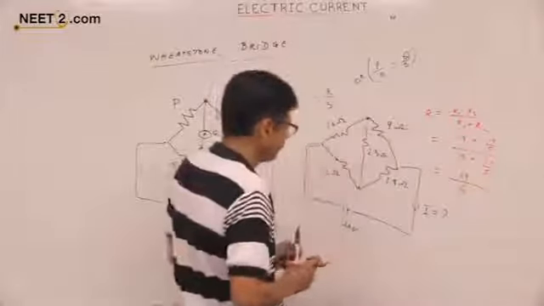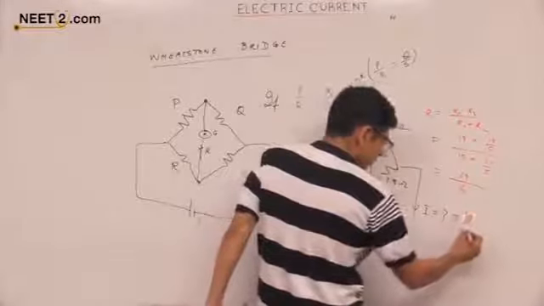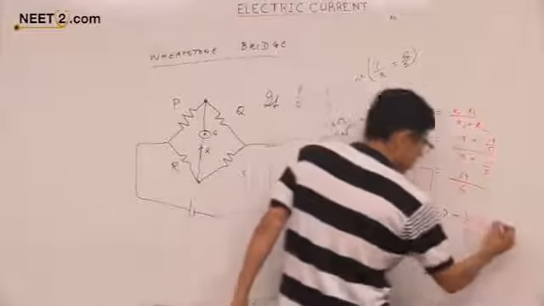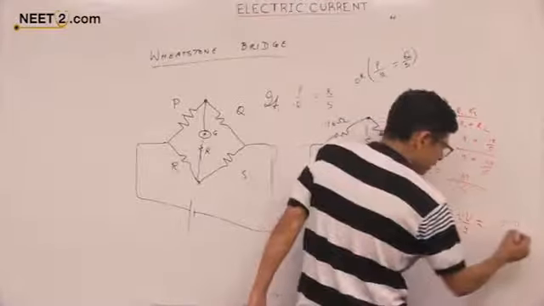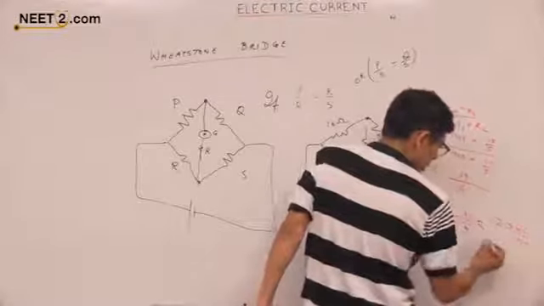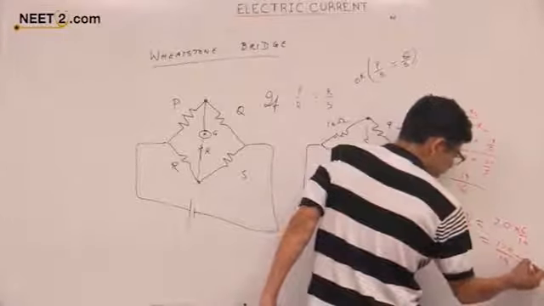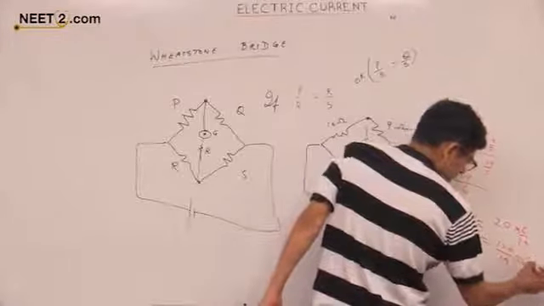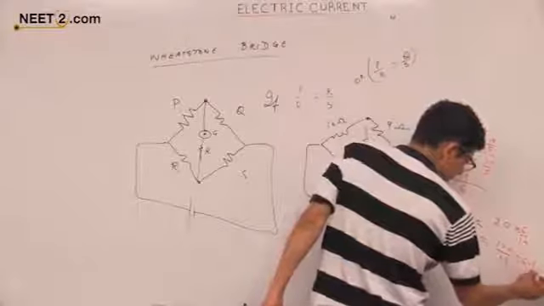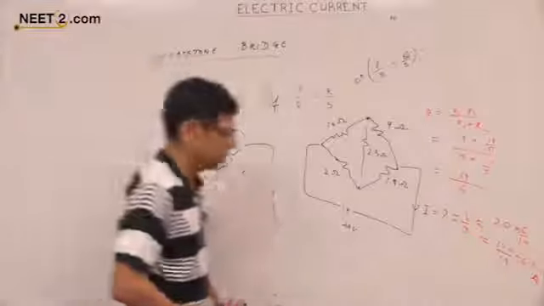And so how much is the current? This is V by R. V was 20. So 20 divided by this is as good as multiplied by the reciprocal, and that is the answer. 120 by 19. And so this is 6.3 whatever. So many amperes. So these are the kind of things that you can do.